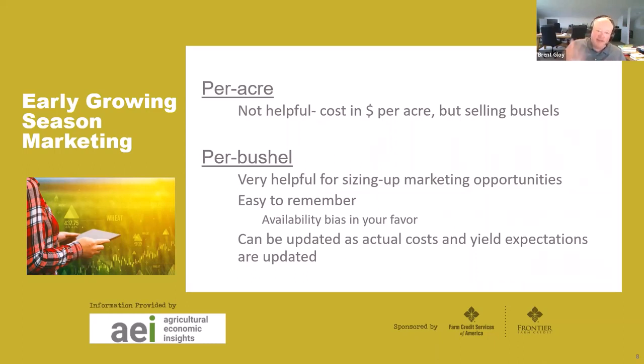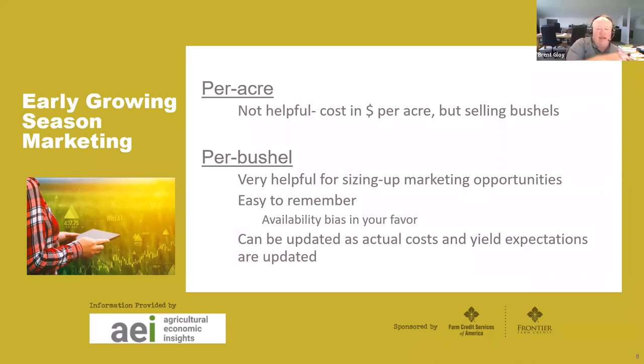Let's say next year's bid for corn might be $6.50. Is that a good price or not? Well, we want to calculate it back to a per acre basis. It involves some calculations or mental gymnastics, as David said, but it's also helpful if we've got that per bushel cost in our mind. We get a very quick idea of saying, yeah, that price sounds pretty good, knowing where my costs are going to be for next year.